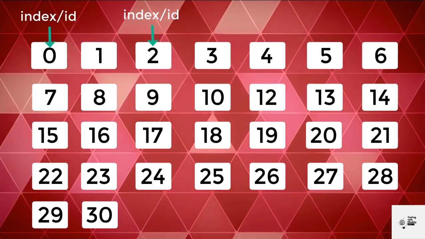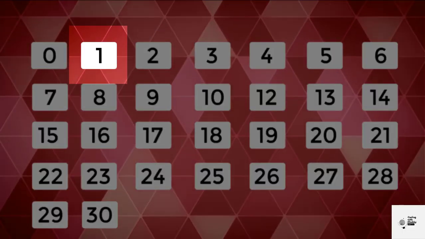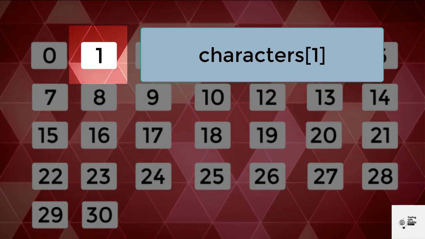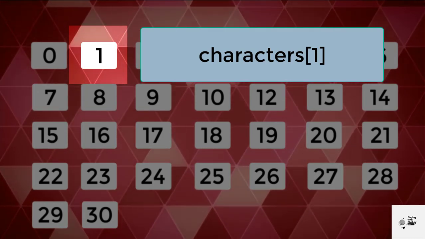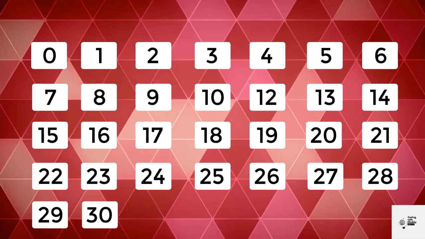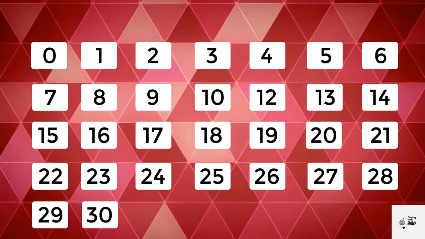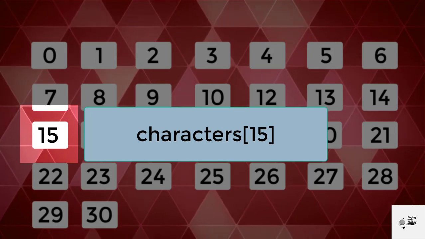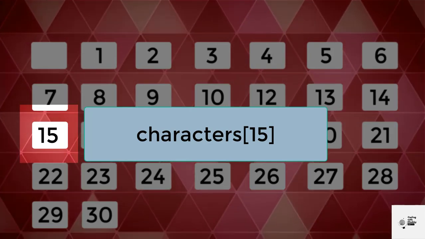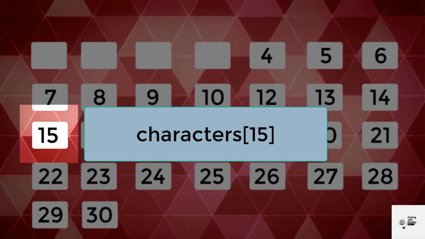If you want to access what is in box 1, you write characters in square brackets, 1. That is the index or the ID of that box. If you want to access something in box 15, characters square brackets 15. You get the value of what is in that variable.